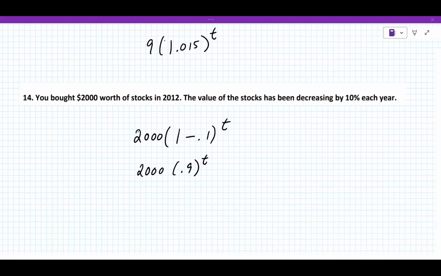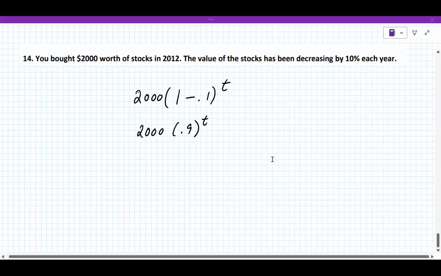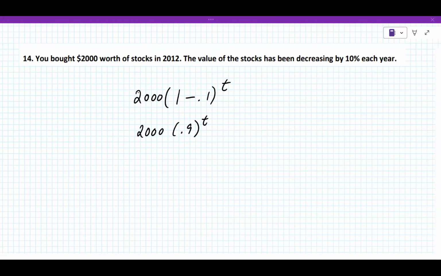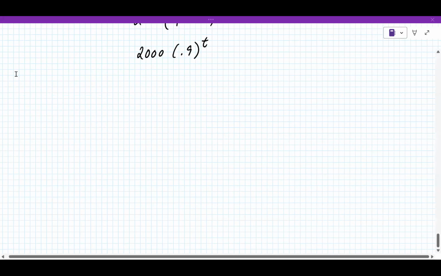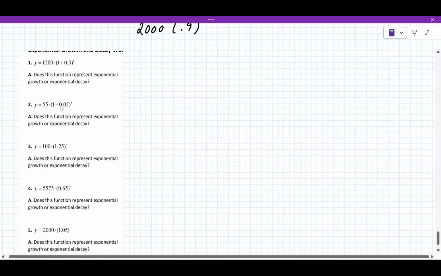Okay. So essentially what you can do is look at just the number inside parentheses and decide whether it's growth or decay. What I'm about to do is snip in a bunch of problems here.